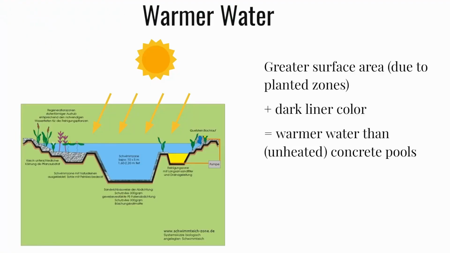Warmer water. Compared to an unheated chlorinated pool, obviously a heated pool you can have at whatever temperature you want. But the nice thing about this design specifically is it's spread out. It's got those planted zones around the edge, and it's got the darker liner. All of that works to capture more sunlight. So if you walk into the pond, particularly later in the day, like now, or on a really sunny day, around the edges in particular, it's like, wow, this is really warm.